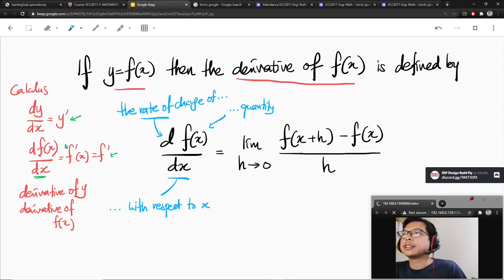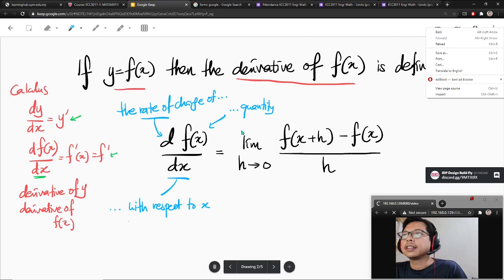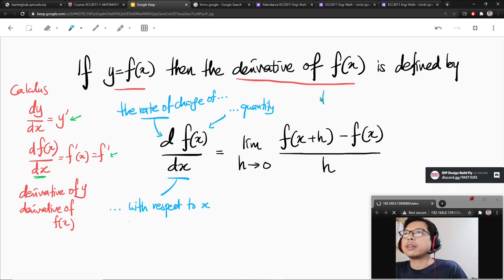So whenever you see something like this, d of f(x) over dx, you can read it as the rate of change of this quantity right here with respect to x is equal to the change in this quantity.